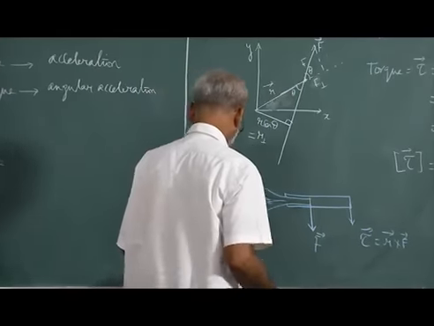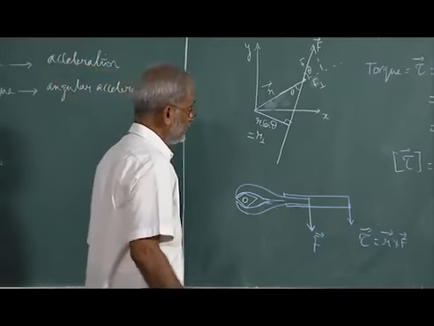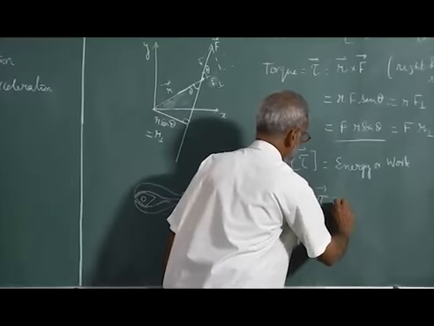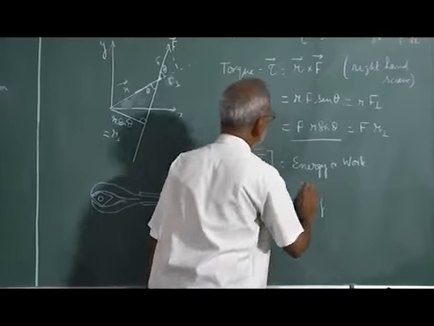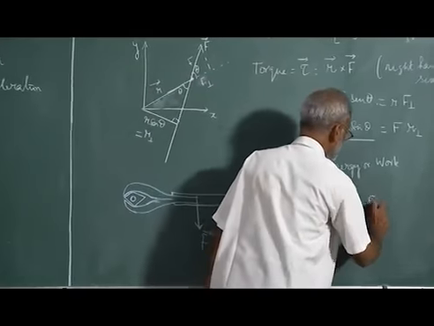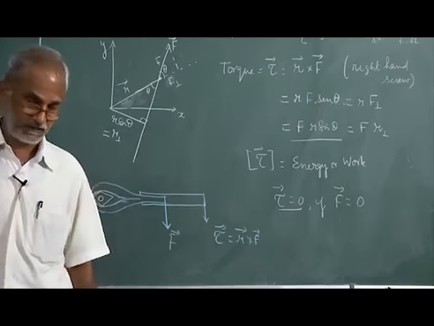So, when is tau 0? When is the rotational effect 0? In order for that to happen, if the force is 0, if there is no force, then certainly you cannot rotate, there is no torque at all.